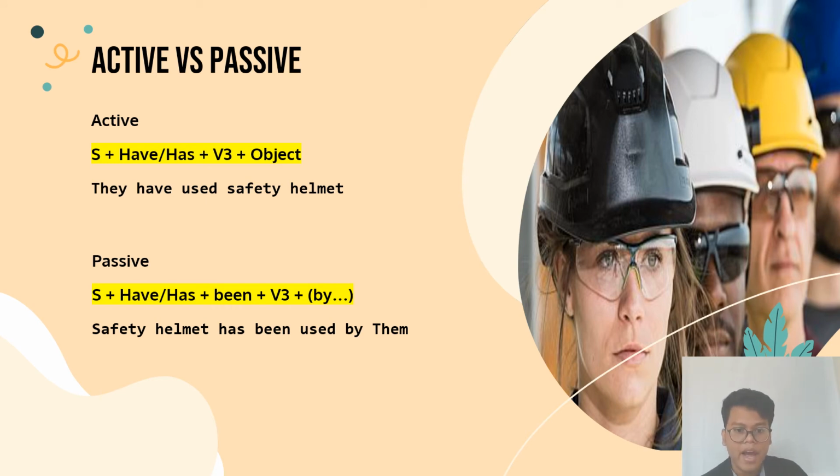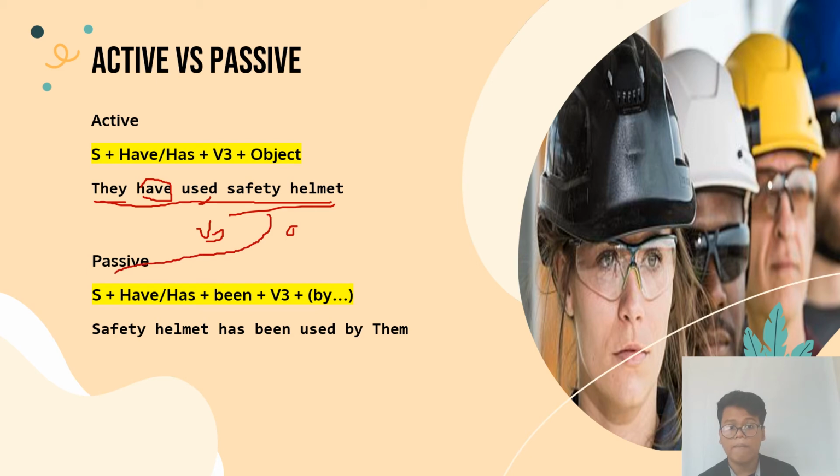They have used safety helmets. They is plural, so we must use have, plus used, which is verb 3. Safety helmet is the object. Safety helmet goes to the front in passive voice as the subject.